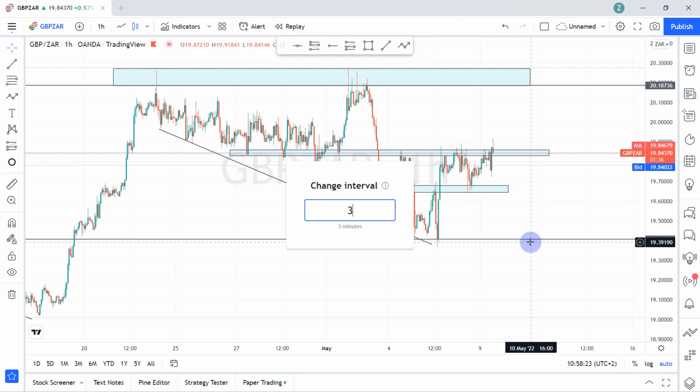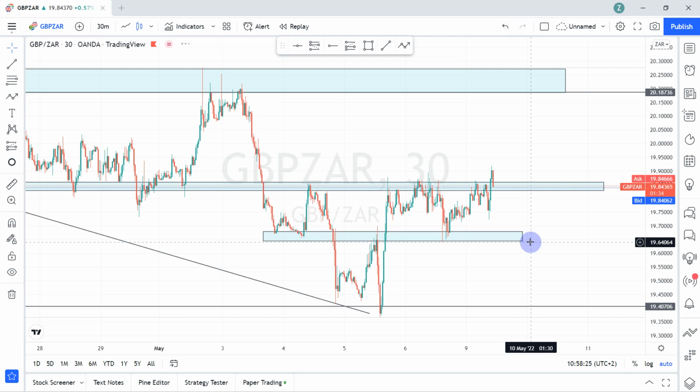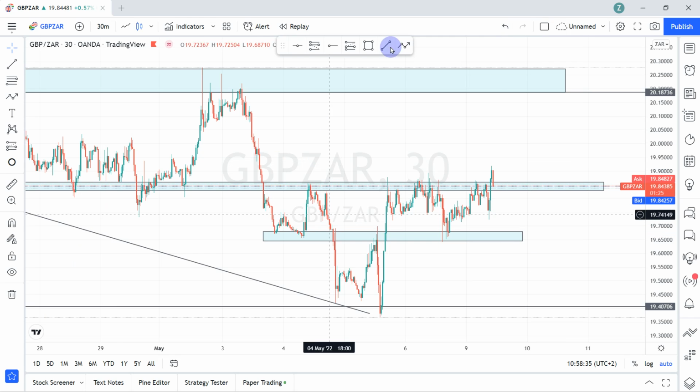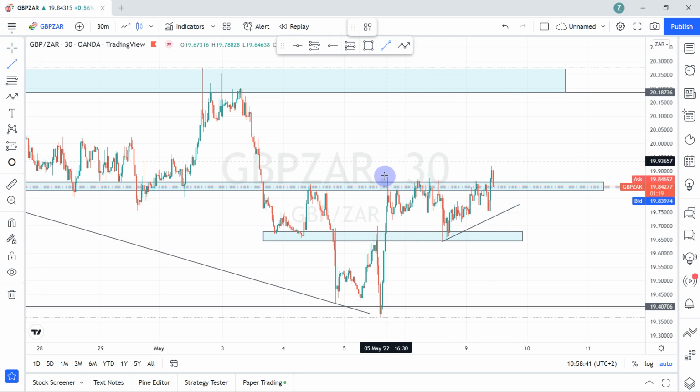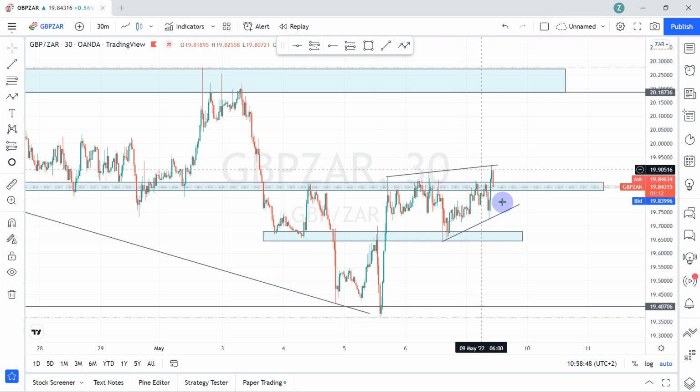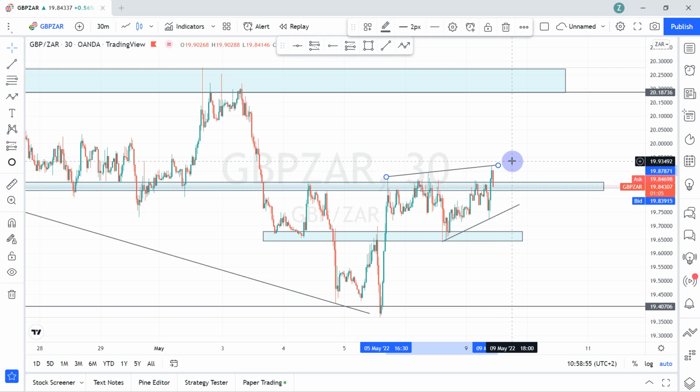So let's move to the 30-minute time frame to see more clearly what's happening. I'm seeing this trend line. The market can either buy or sell, whatever it wants.